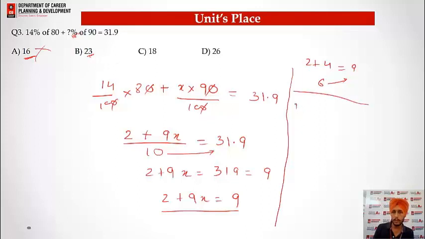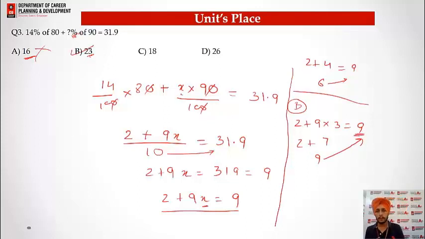So option B, we will put 3 in place of the question mark. 2 plus 9 into 3 is equal to 9. So 9 into 3 is 27. So 2 plus 7 is 9, and what we need is also 9. So option B will be our correct answer.